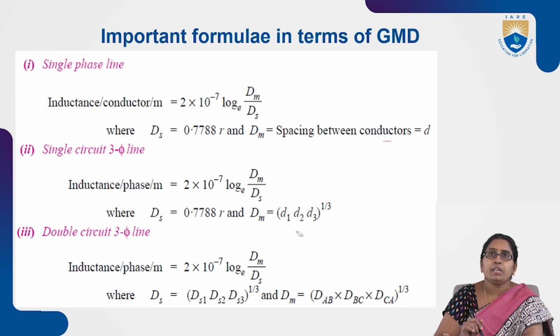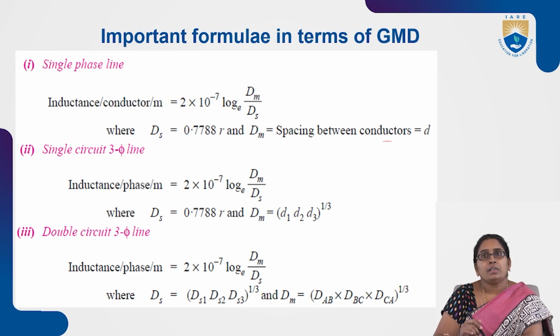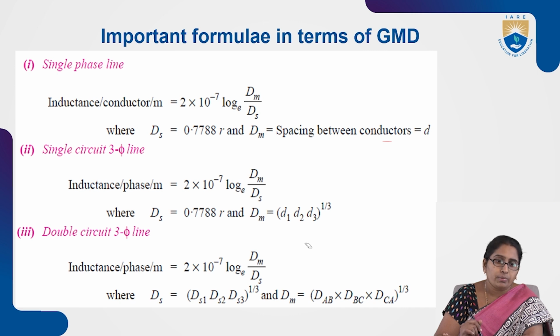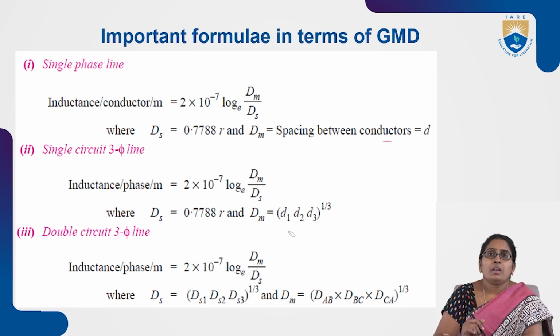D1, D2, D3 are the distances between the conductors. In the three phase line we have three conductors, so the distances between them may be equal or different. Whatever they may be, the mutual GMD Dm is calculated as the cube root of D1 D2 D3, the distances between the three conductors.